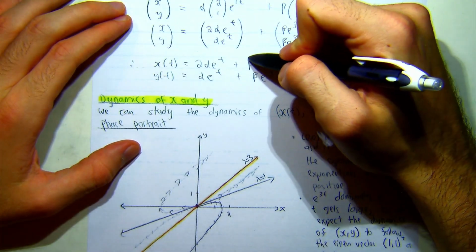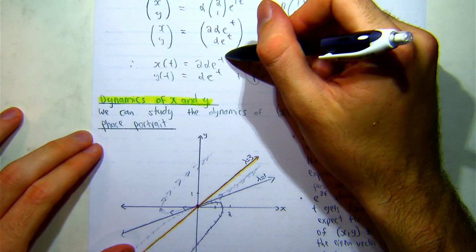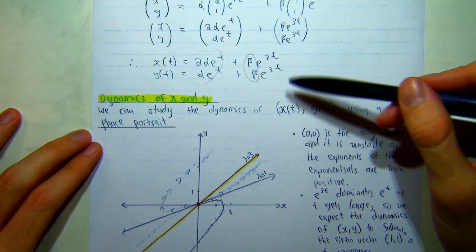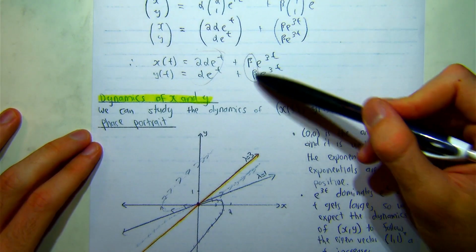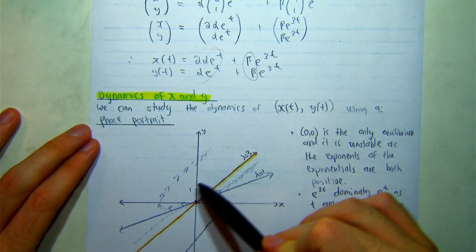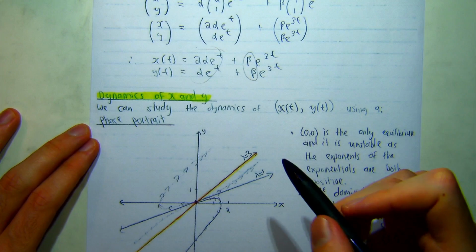And so the only thing that matters is our plus beta, which is a relationship of 1 to 1 here. And this is going to pale in significance to this when t is large. And so they will be growing in a 1 to 1 relationship. And that is represented along this line here, lambda is equal to 3.